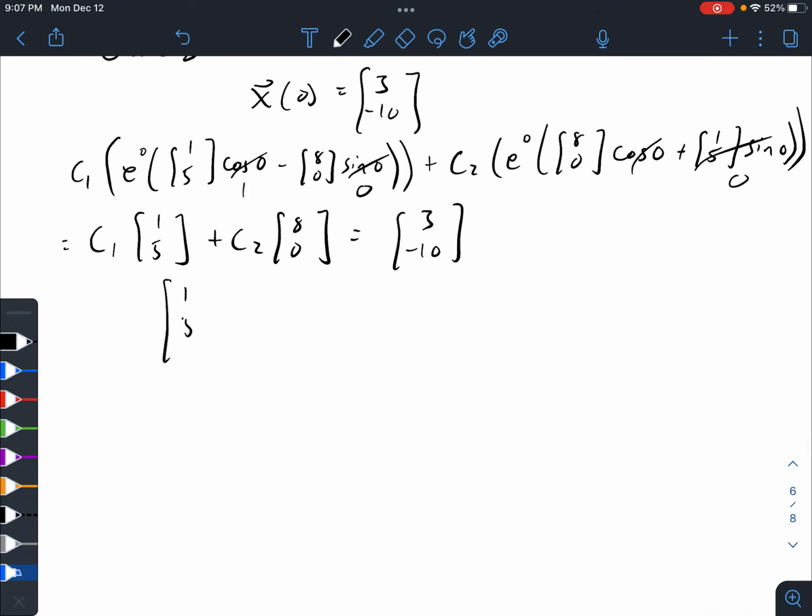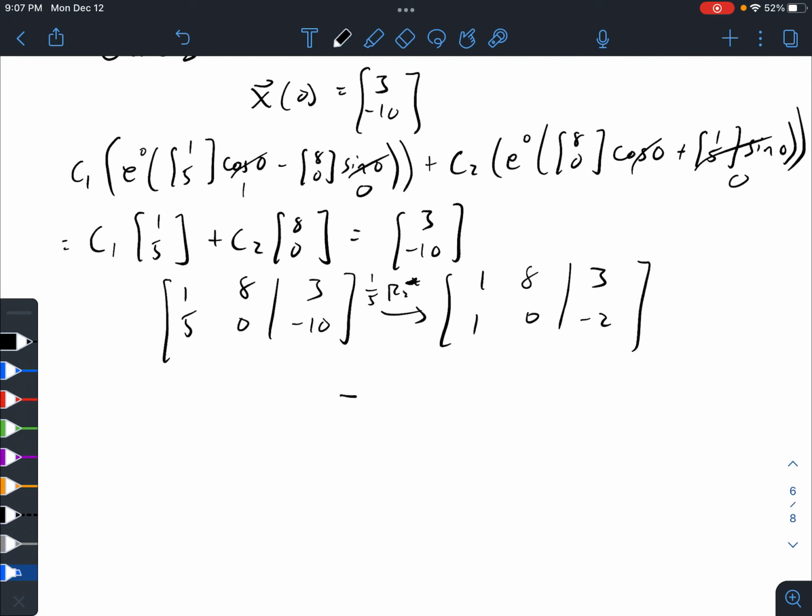All right, so throwing this into an augmented matrix, get this. I'll do negative 5 times row 1, add it to row 2. Wait, do I want to do that? No. I'm just going to divide row 2 by a fifth. That'll be more efficient. So that gives me 1, 0, negative 2. Now I'll do negative row 2 added to row 1.